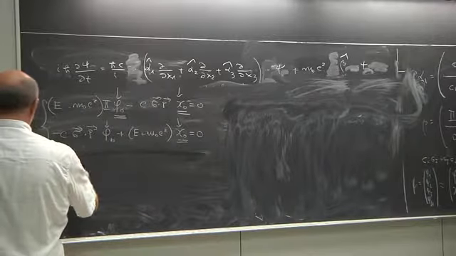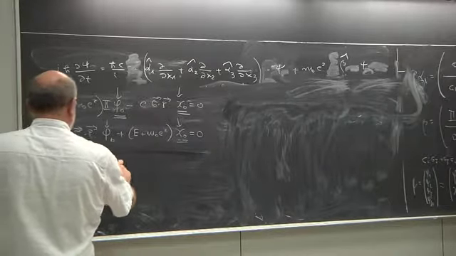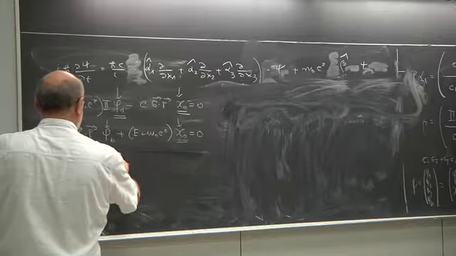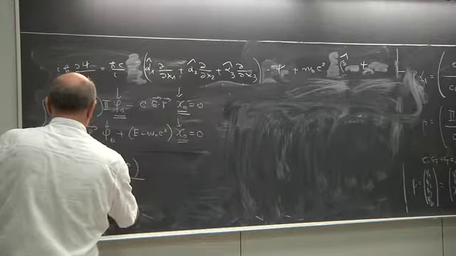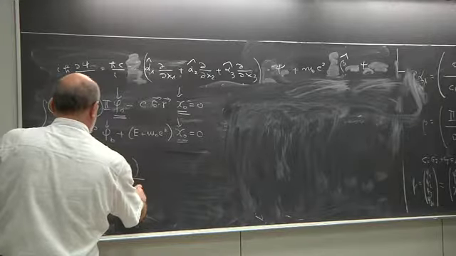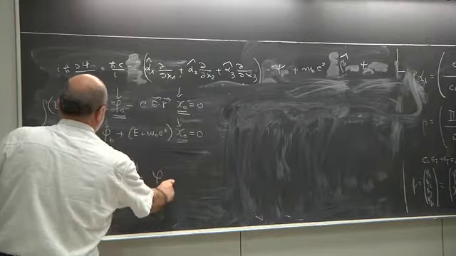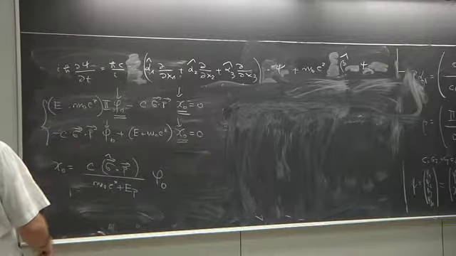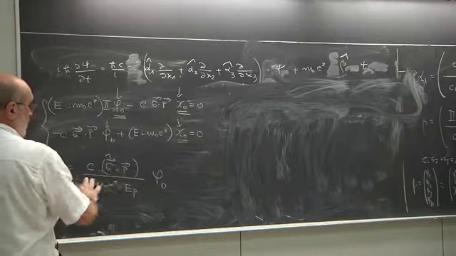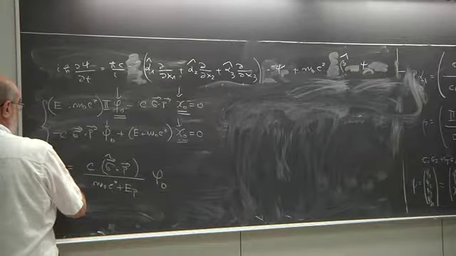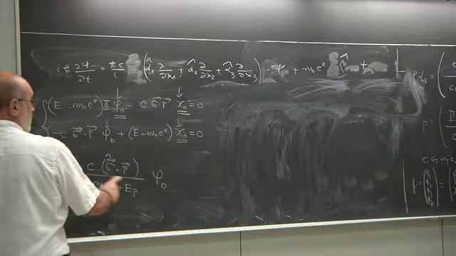Then we get that chi0 is equal to C sigma dot P over M0 C squared plus E of P, times phi0. Okay, so we have solved this equation. Check the various C because I might have lost some of them. This is a 2 by 2 vector that depends on the other.